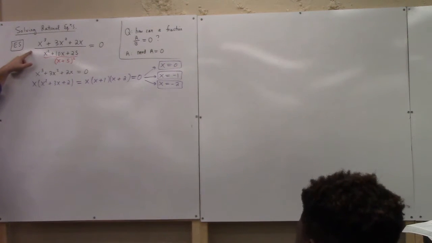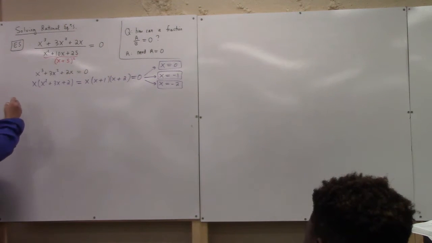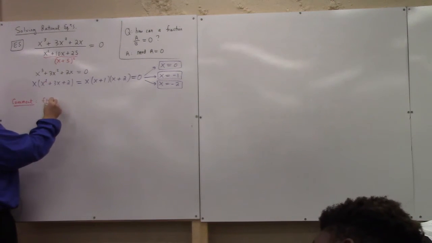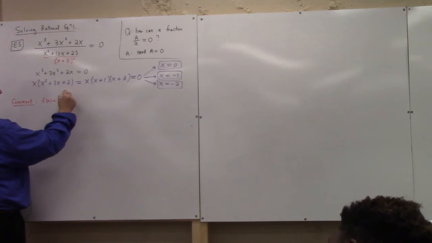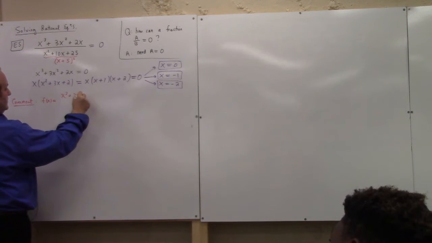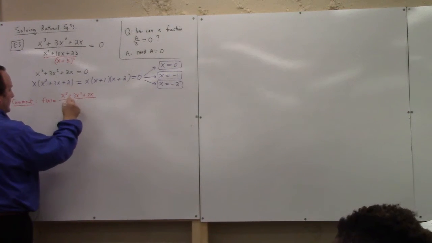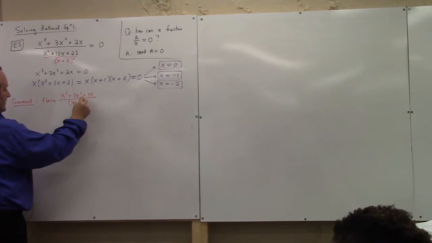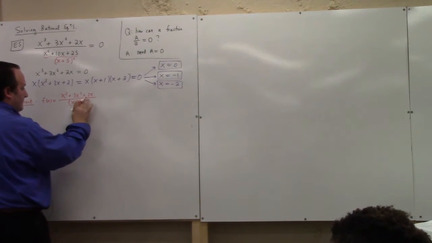All right. So, a comment. If we had f of x equal to x cubed plus 3x squared plus 2x divided by x plus 5 squared, what's the domain?